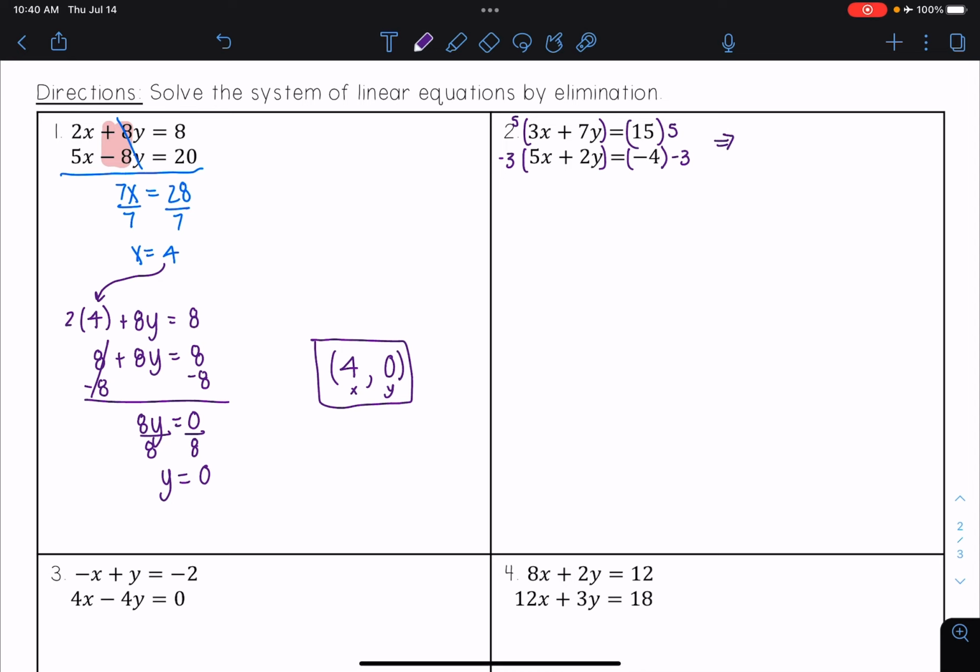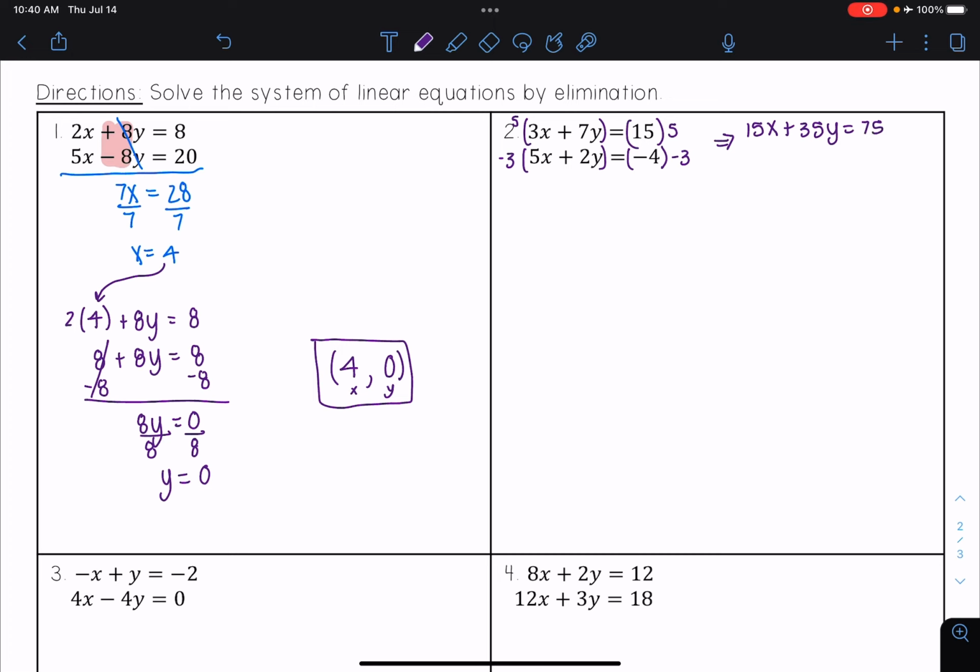So when I do that, I get 5 times 3, which is 15x, plus 5 times 7, which is 35y, is equal to 15 times 5, which is 75.